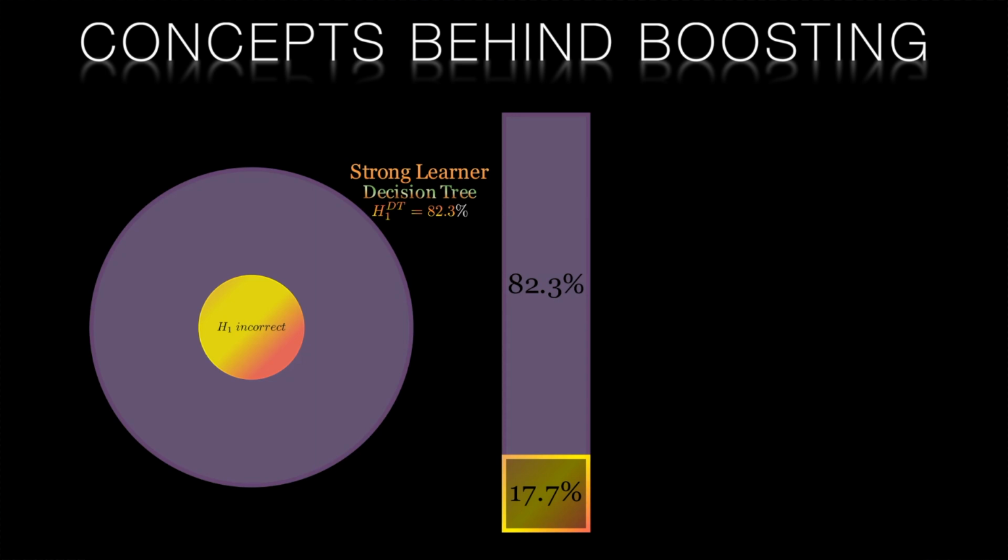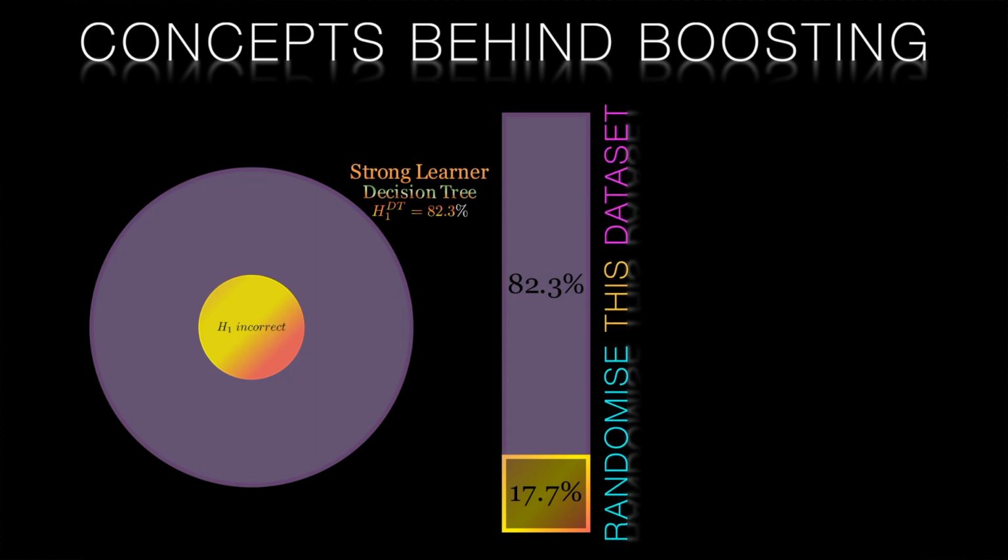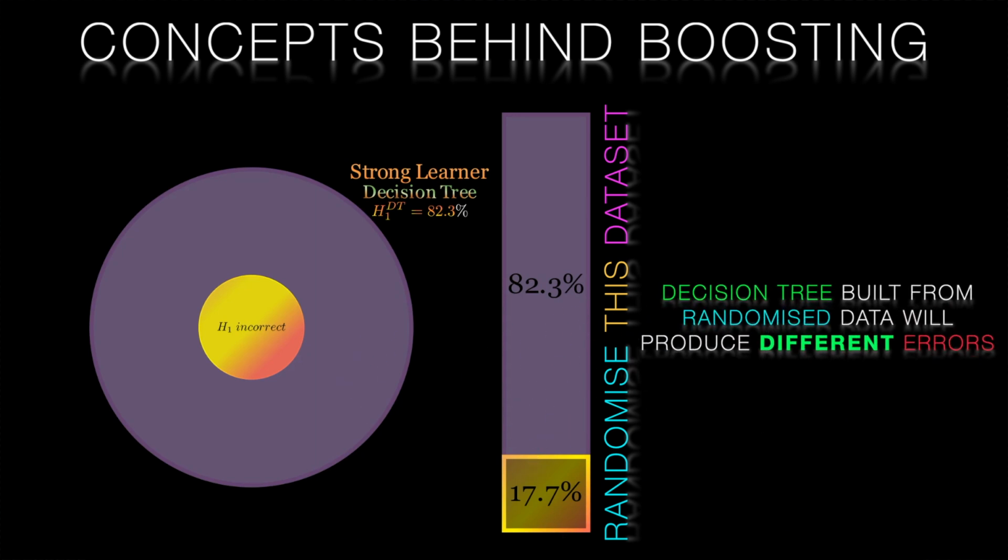Then let's build a second classifier to work as an ensemble with H1. If we use bagging, we can randomly shuffle this dataset and allow duplicates. The decision tree derived from this data will also make mistakes, but crucially it will make different mistakes from H1.